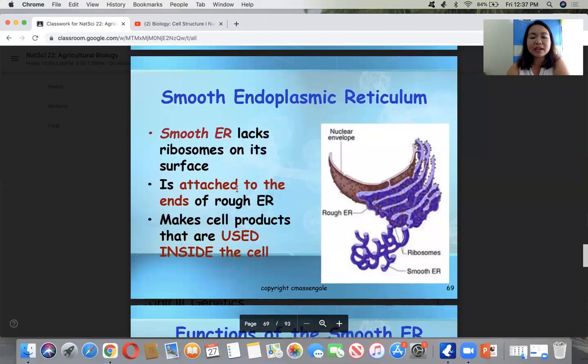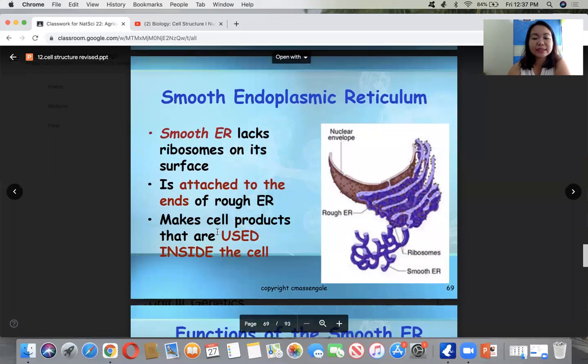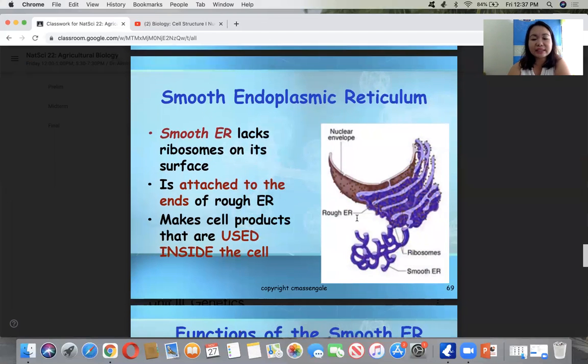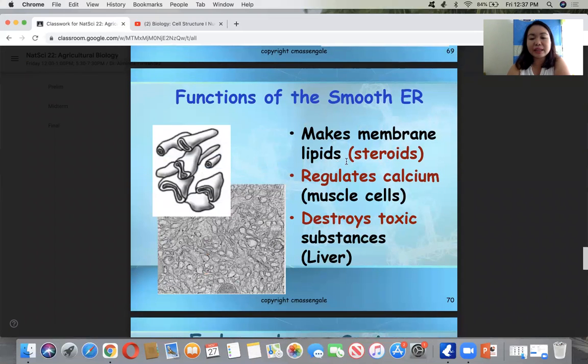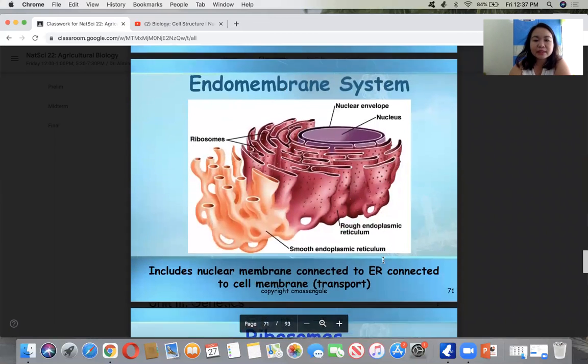While the smooth ER doesn't have ribosomes on its surface and is attached to the ends of the rough ER to make cell products that are used inside the cell. So their function is making membrane lipids or steroids, regulating calcium in muscle cells, and destroying toxic substances in the liver. The endomembrane system includes the nuclear membrane connected to the ER, connected to the cell membrane for transport.